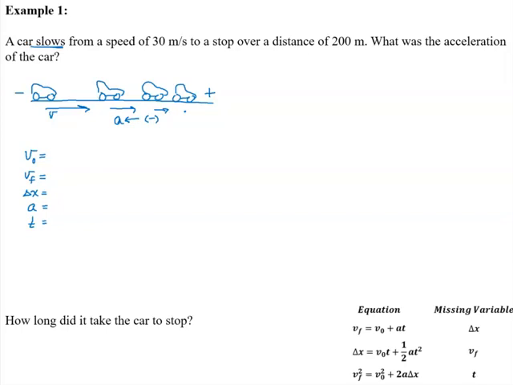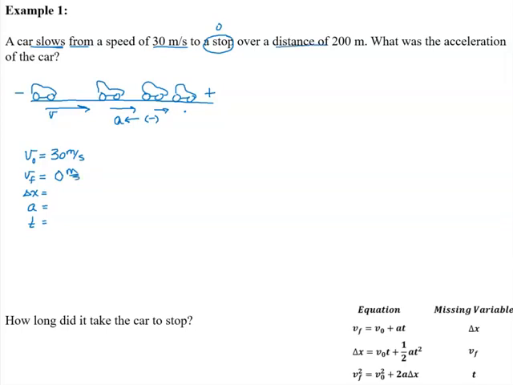Now I need to identify the numbers, or what do I know from the problem. So the car slows from a speed of 30 meters per second. So that's where it started, at 30 meters per second. And it comes to a stop. A stop, at rest, all of those indicate a velocity of 0. So I'm ending with a velocity of 0 meters per second.